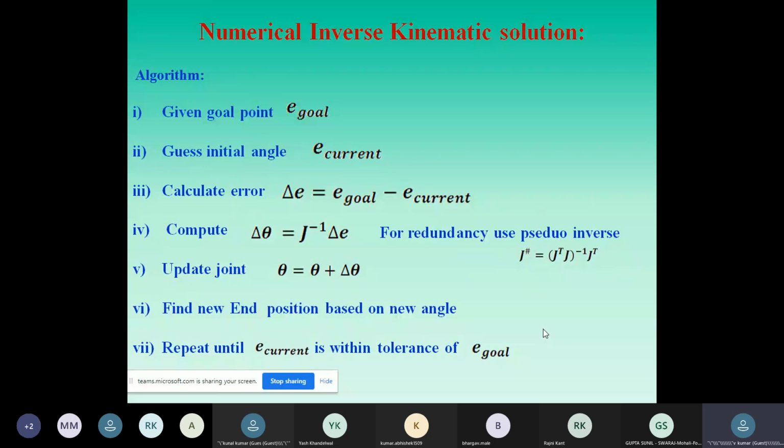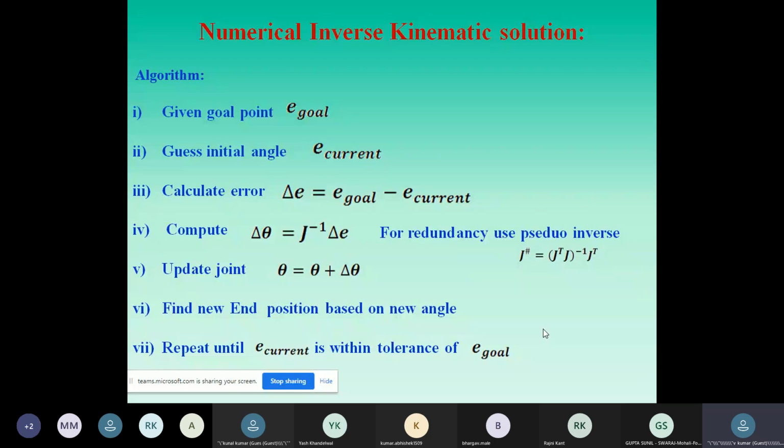It cannot move in one direction, and it becomes a 1 degree of freedom manipulator. That 2D manipulator becomes a 1 degree of freedom manipulator. And suppose it is straight along the x-axis, then it cannot move in the x direction.